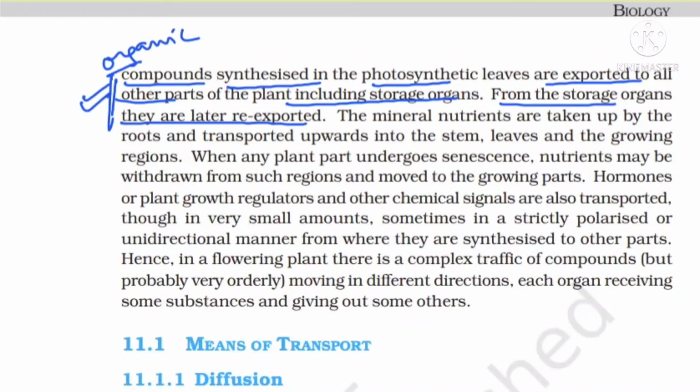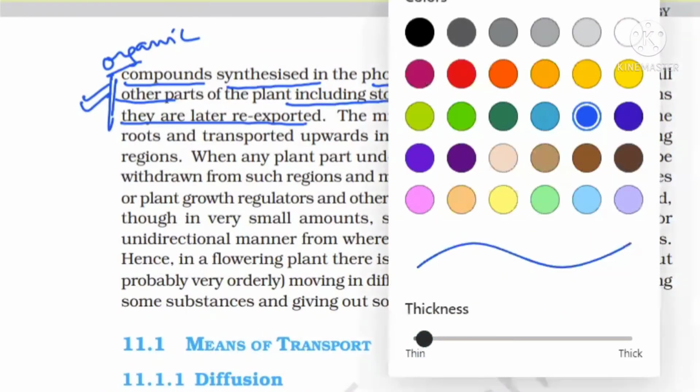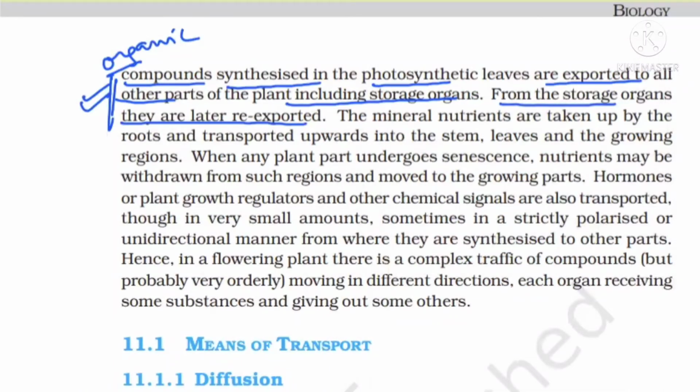Now see next. Minerals: a few mineral ions can be easily mobilized. The mineral ions which are easily mobilized will be removed from the older part to supply the younger part. So it means mineral ions also go for bidirectional movement. See, beta, the mineral nutrients which are taken up by the root are transported up into the stem, leaf, and the growing regions.